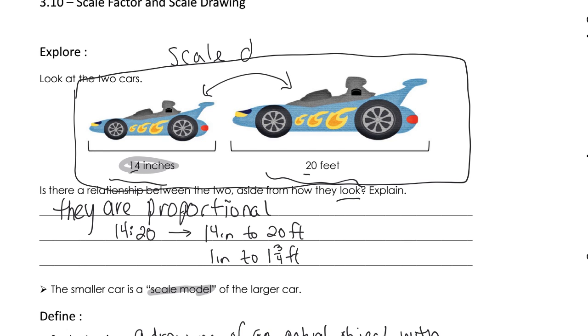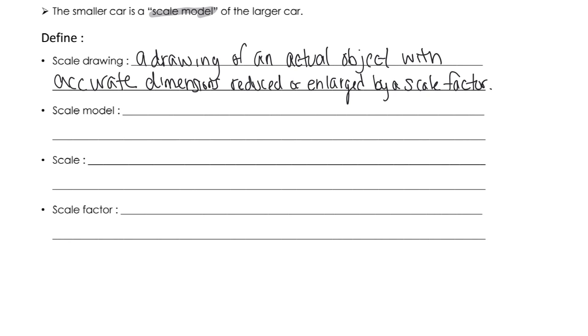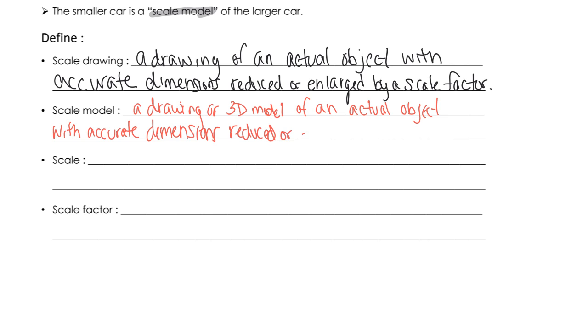Whereas a scale model, conversely, is a drawing, or it can be a 3D model of an actual object with accurate dimensions, reduced or enlarged by a scale factor.